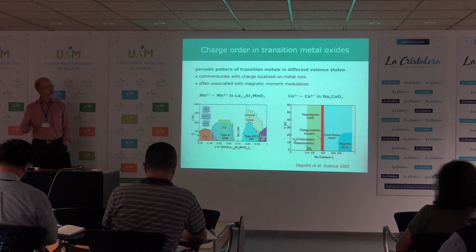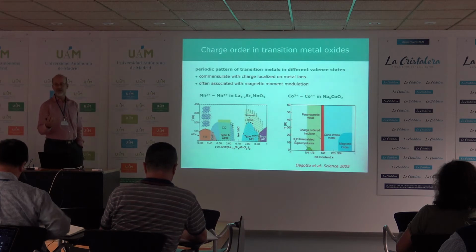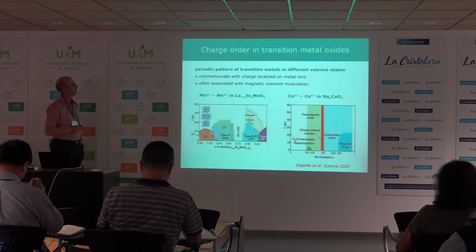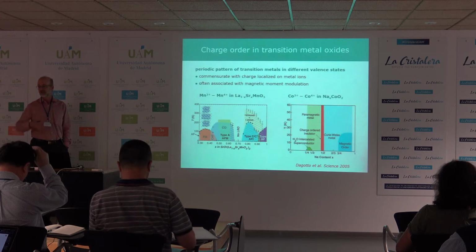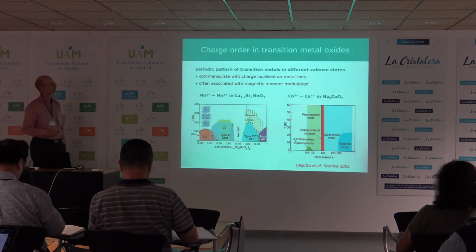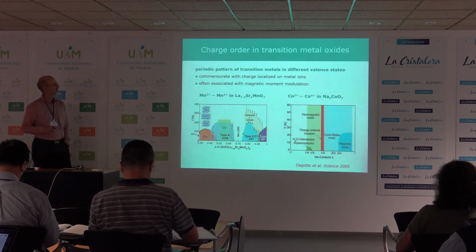Clearly, because you have these ionic configurations that are particularly stable. If you have incommensurate, you go to different kinds of configurations that are then not as stable.